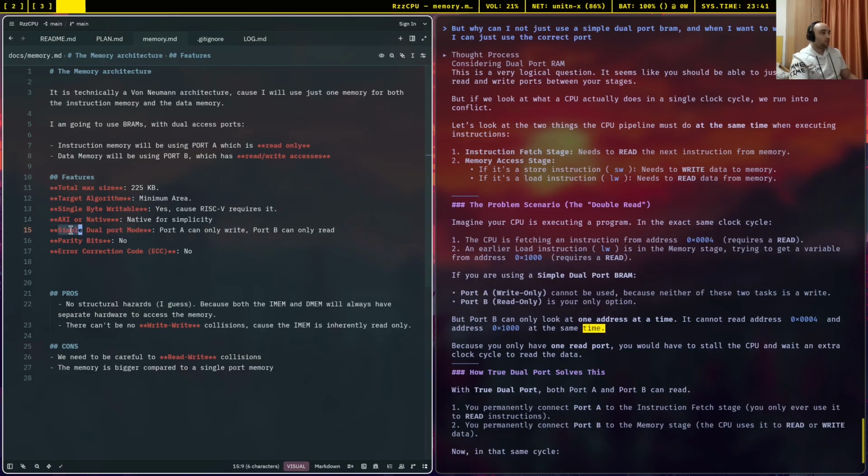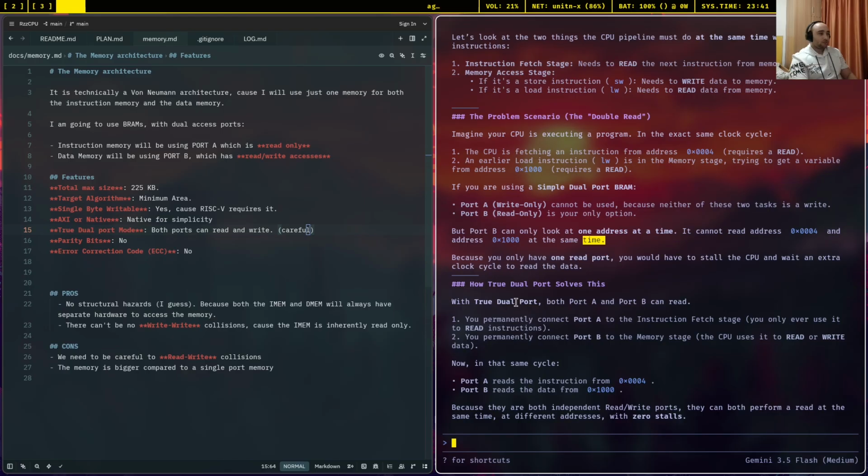So now true dual port modes. Both ports can read and write. With true dual port, both port A and port B can read.